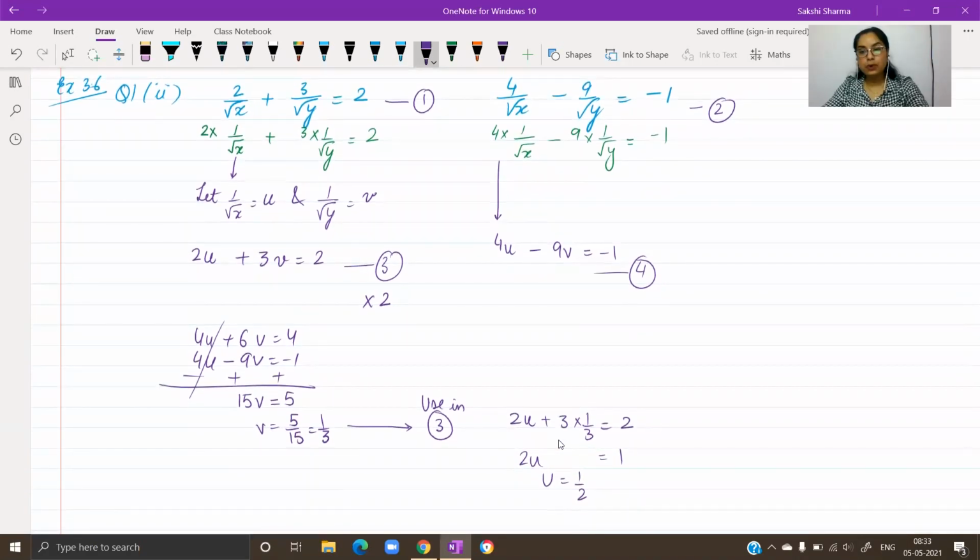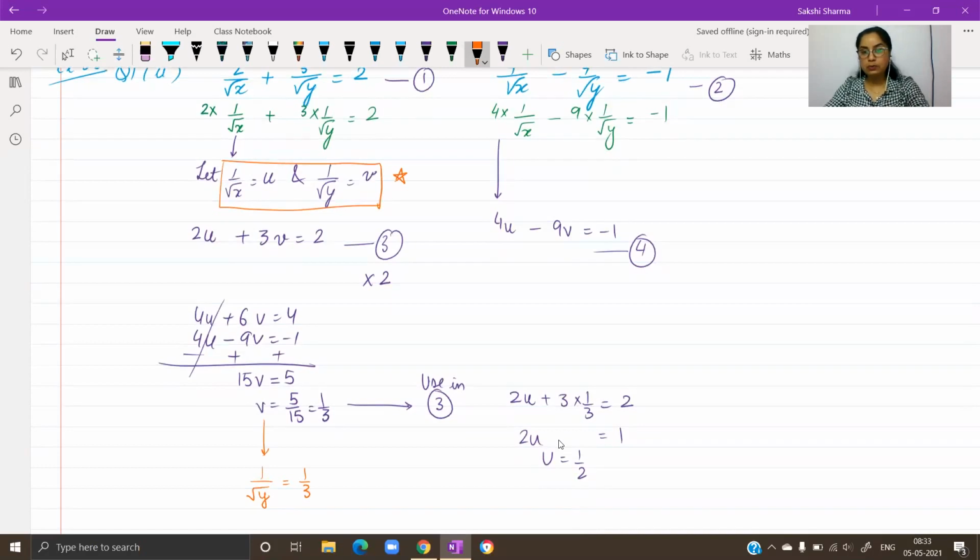With the values of u and v you've obtained, you have to obtain the values of x and y. So I'm going back to the part where I introduced u and v. So v is representing the value 1 over square root of y. This is equal to 1 by 3.